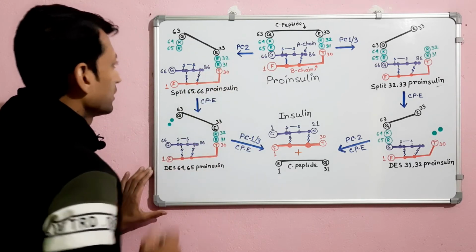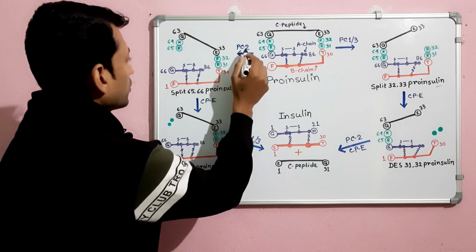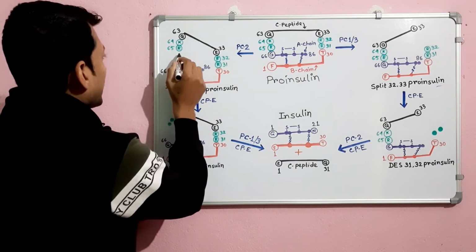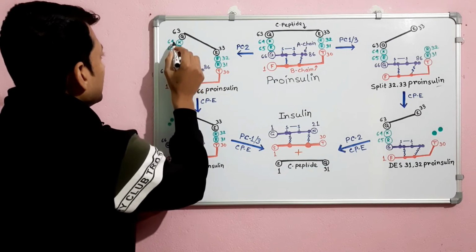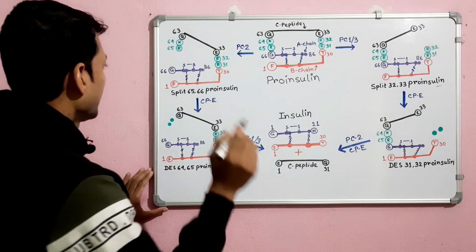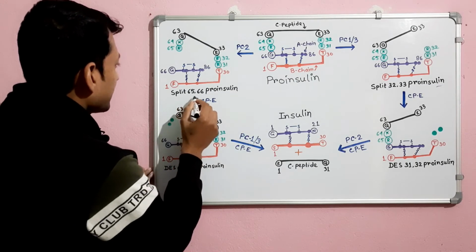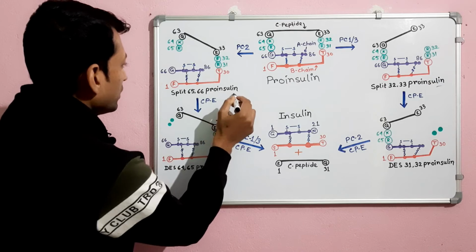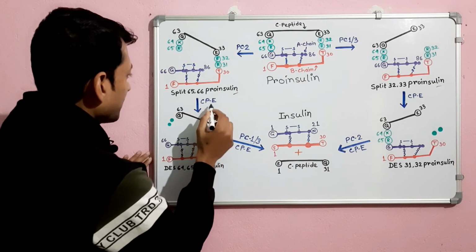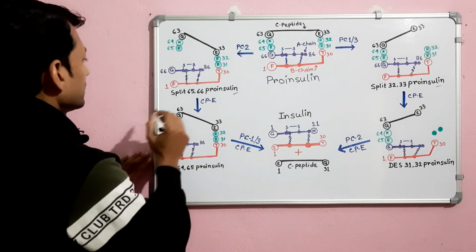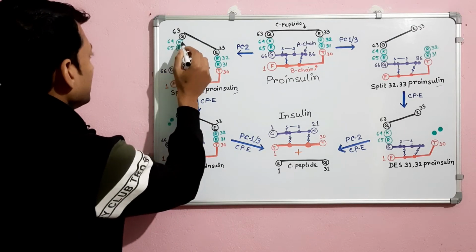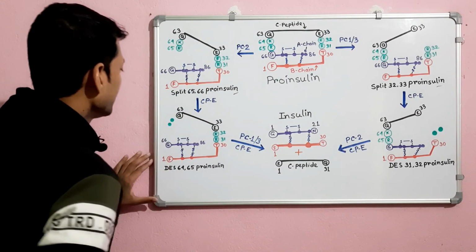Now in this pathway, prohormone convertase 2 first clips the carboxylic residues of 64 lysine 65 arginine position. As a result, split 65-66 proinsulin is formed. Then carboxypeptidase E removes the newly exposed basic residues, that is 64 lysine and 65 arginine.